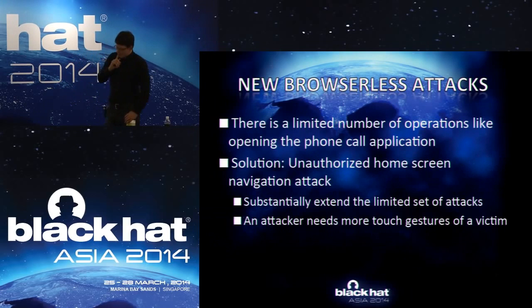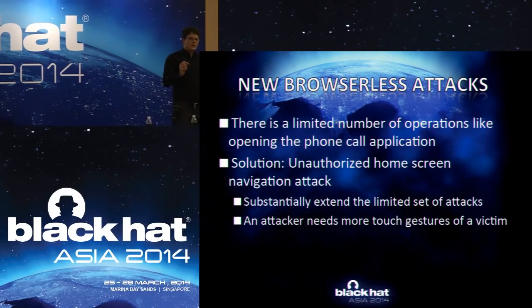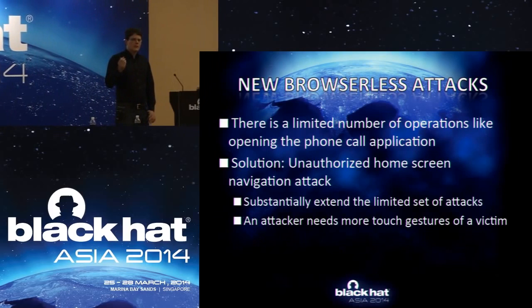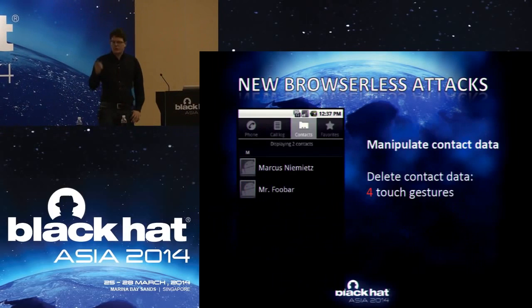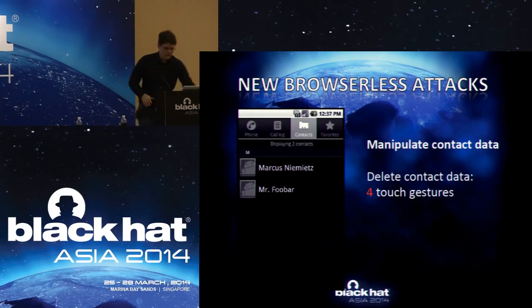And nevertheless, the question appears: can I attack more than these 16 applications, which are available by using intent action in Android? And the answer is yes, of course, because we can click on the menu bar, as I can see it here.